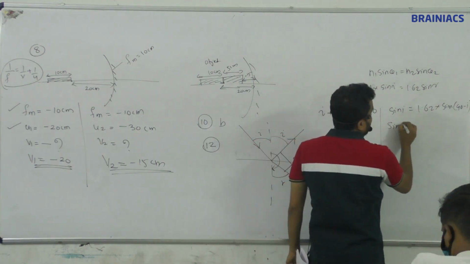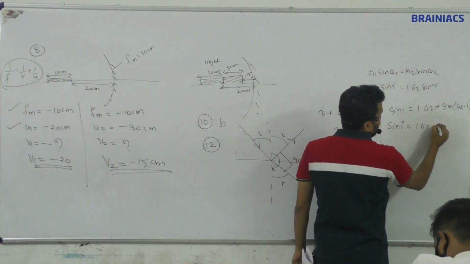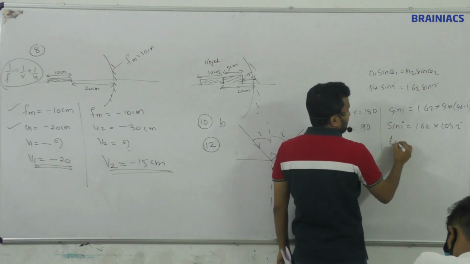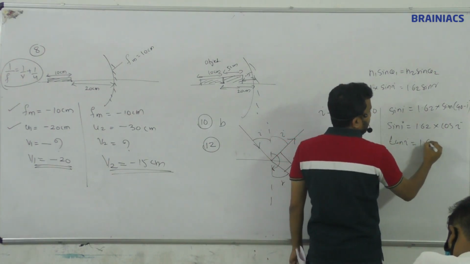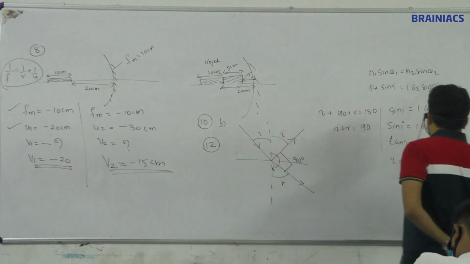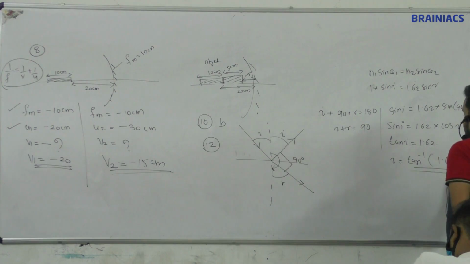So sin I equals 1.62 into cos I. Sin I by cos I means tan I equals 1.62, so I equals tan inverse of 1.62. This is the answer.